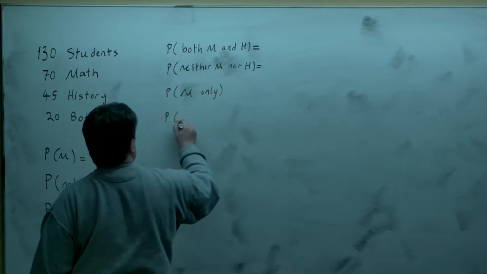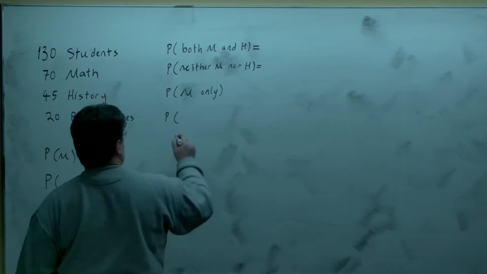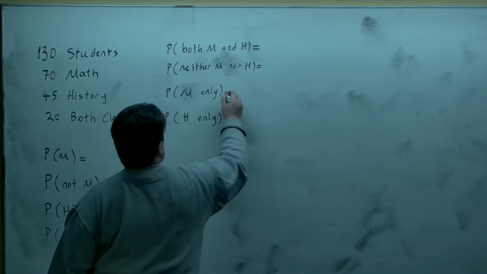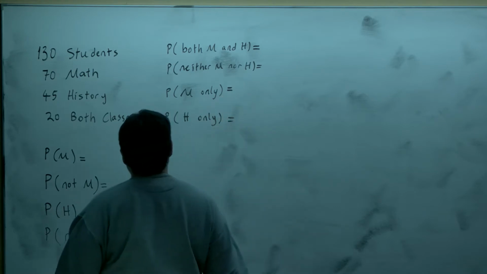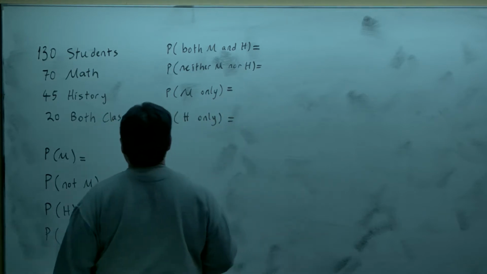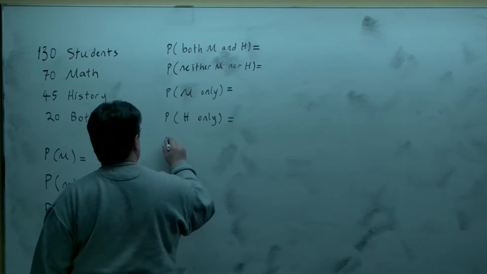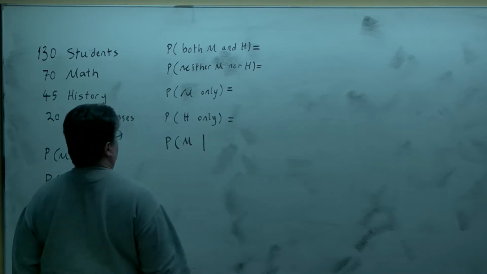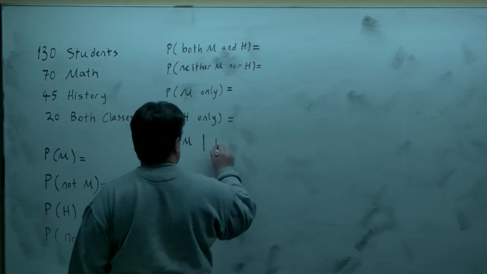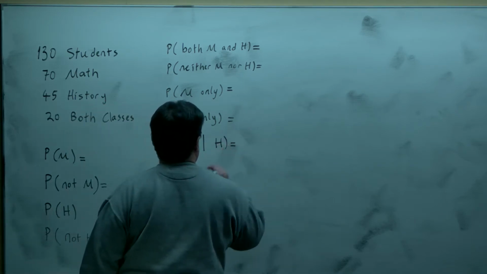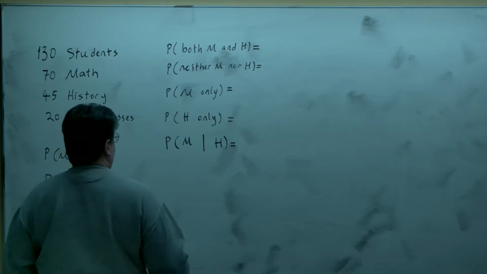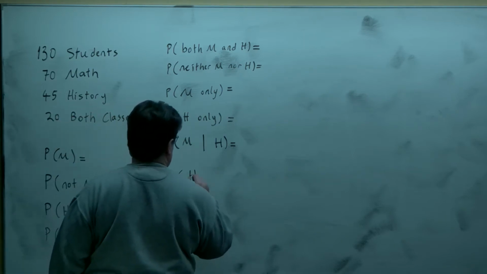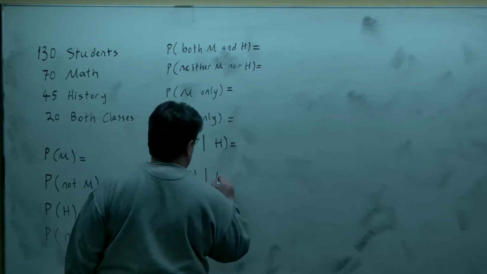What is the probability that a randomly selected student takes history only? What is the probability that a randomly selected student takes math given that he or she takes history? What is the probability that a randomly selected student takes history given that he or she takes math?